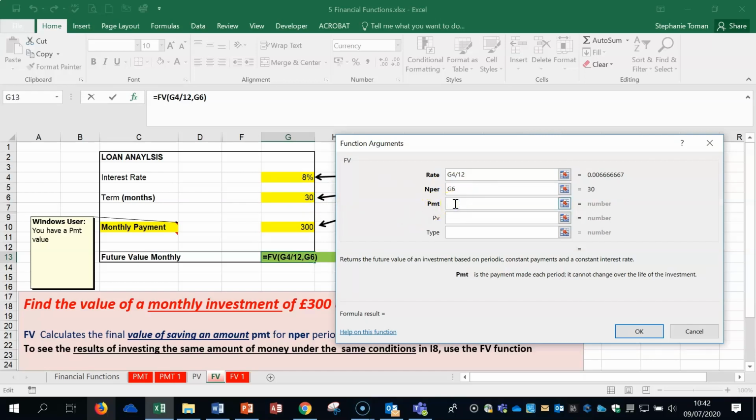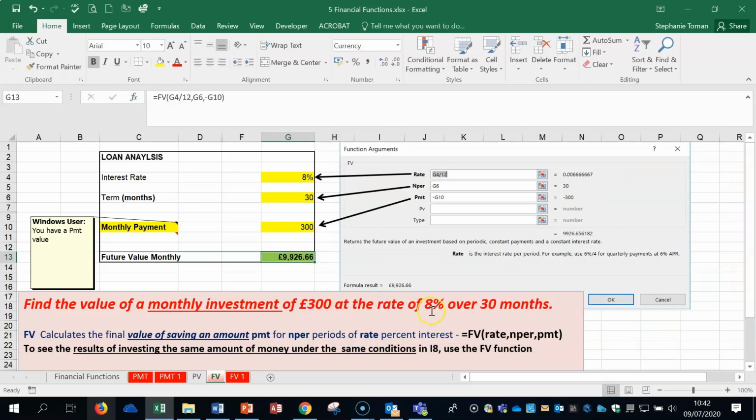Payments, monthly payments, they're on here. Yep. But it's a future value investment, so that would have to be a minus because it's a monthly payment of paying out. There is no present value, so then we OK, and we get our answer.